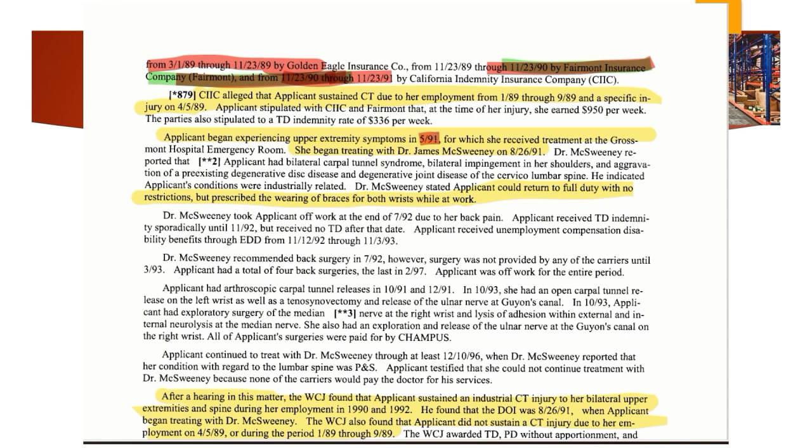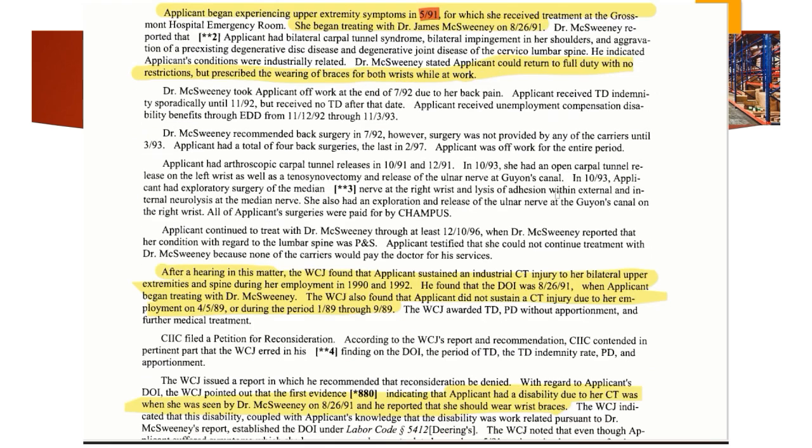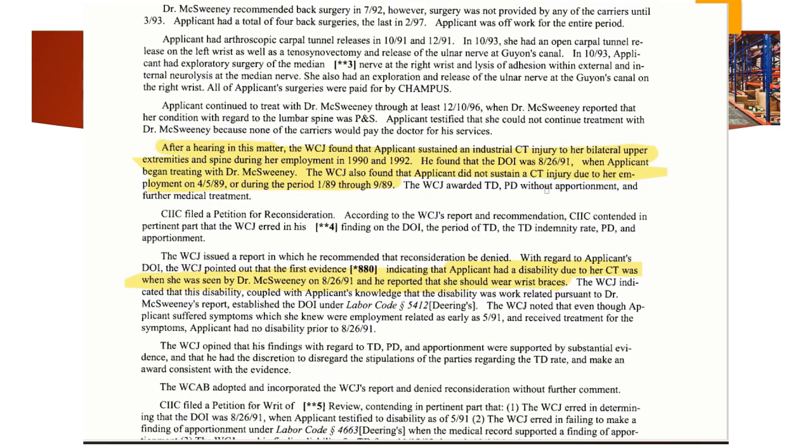Remember, an injury is defined as disability and or a need for medical treatment. So the need for medical treatment was established here in 5/91. And then more treatment continued 8/26/91, but it was 8/26/91 that she was released to full duty, but she was prescribed the wearing of braces. Okay? So there's some concern over this time period here and the 1 year exposure.